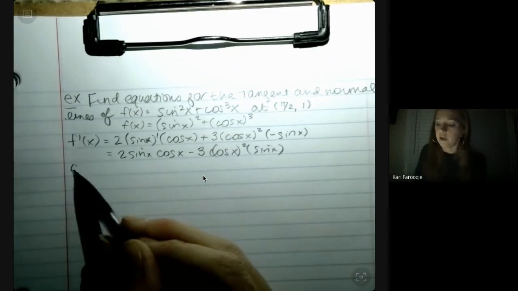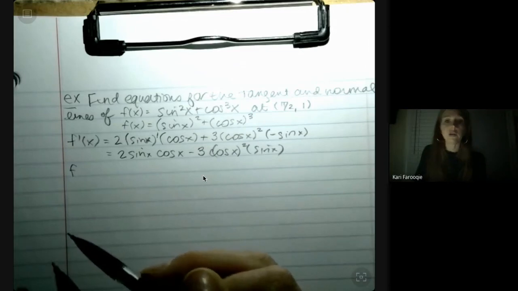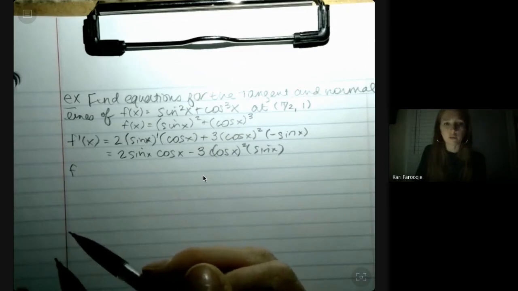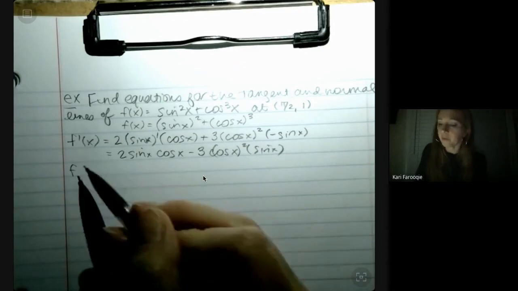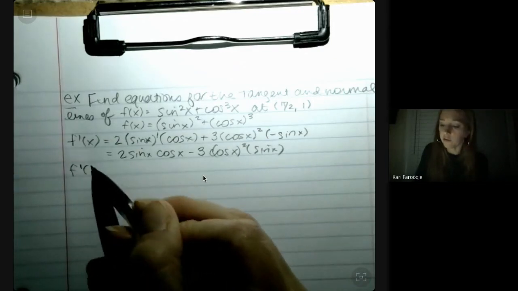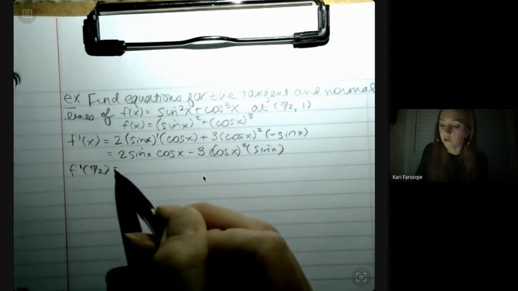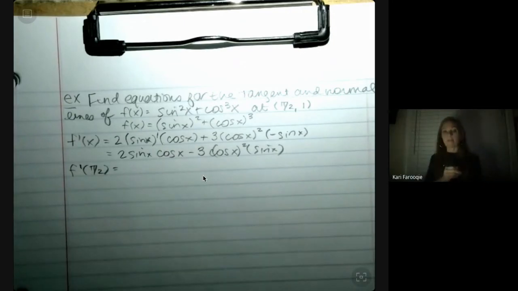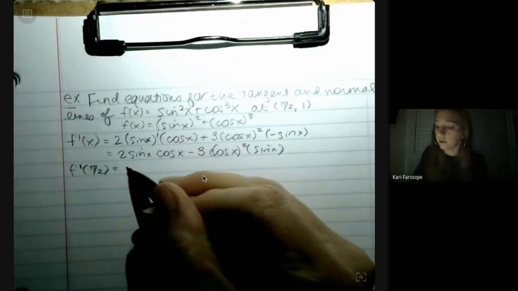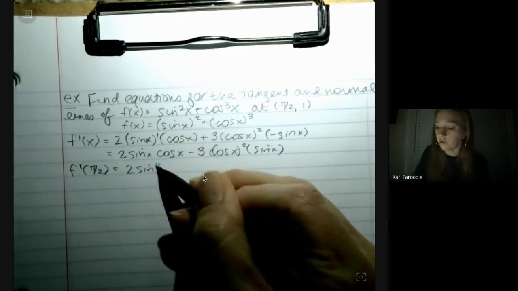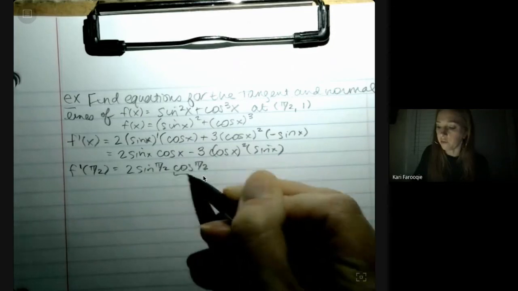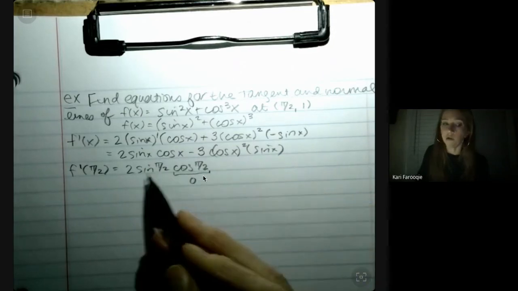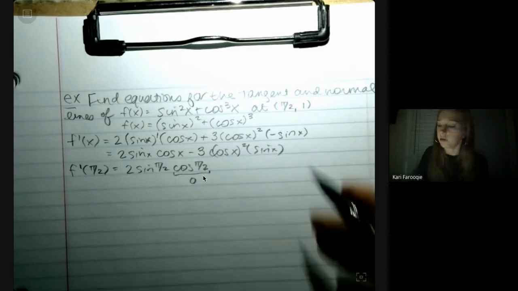Okay, so to find the equations for the tangent and normal lines at pi over 2, 1, we need to find the slope at pi over 2. So let's go ahead and take the derivative and evaluate it at pi over 2. Now, this one is not going to be too bad because even though sine of pi over 2 is 1, the cosine of pi over 2 is 0. Multiply 1 and 2 by 0 and you're going to get 0.